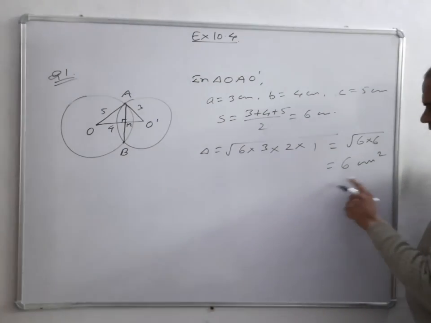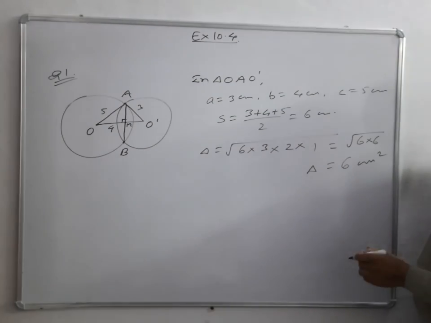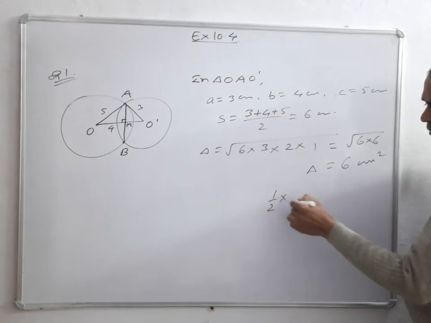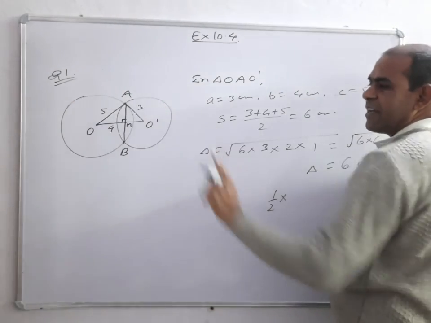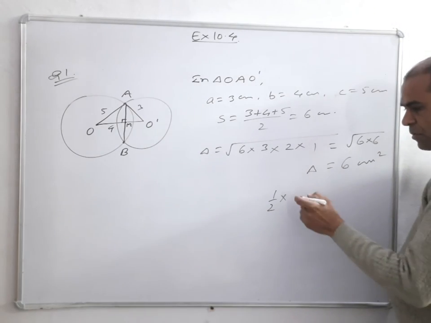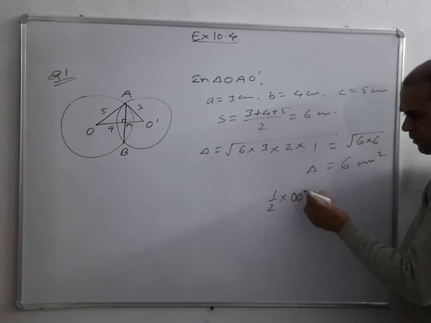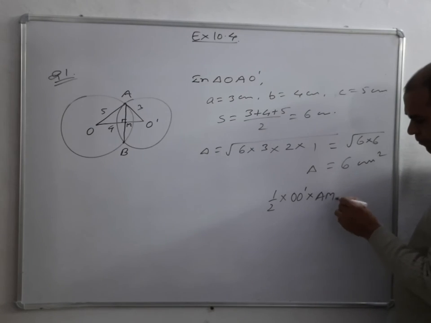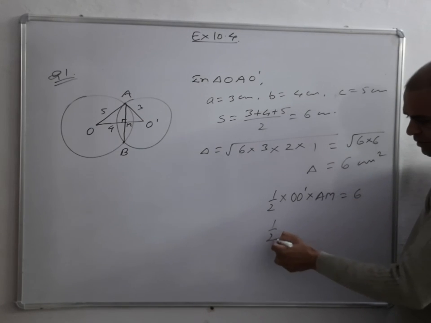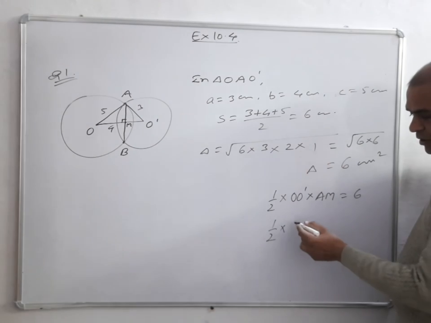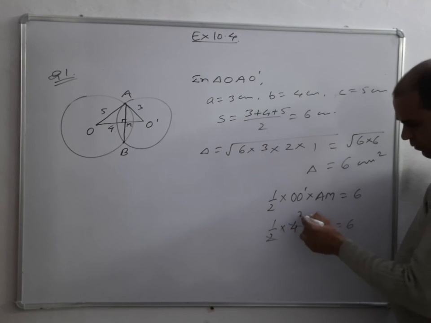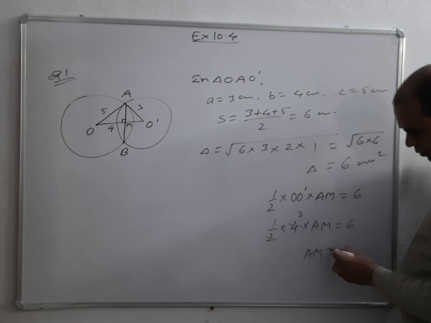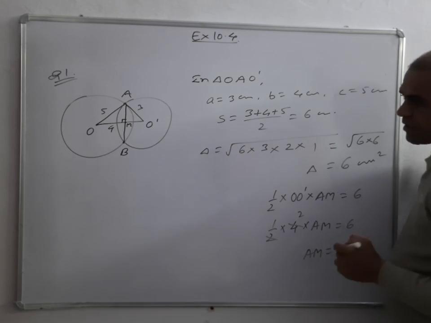So area of the triangle is 6 centimeter square, and area equals half base times height, because we will find AM. So half of OO dash, which is 4, into AM, equal to 6. Half of 4 into AM, and AM equal to 3 centimeter.